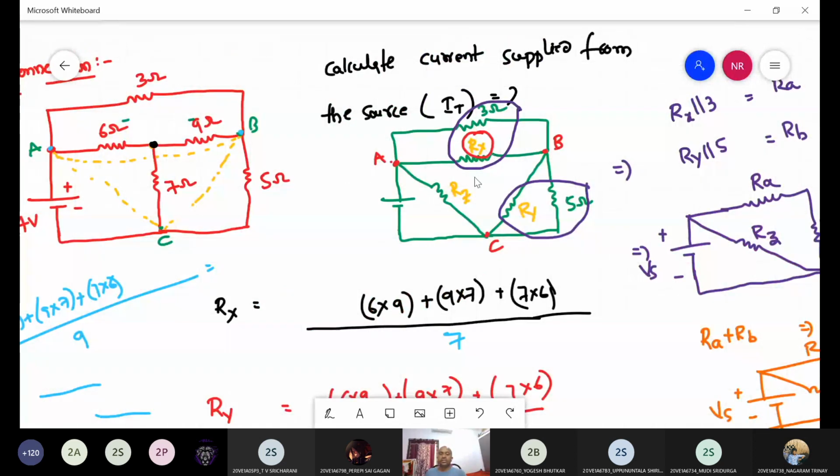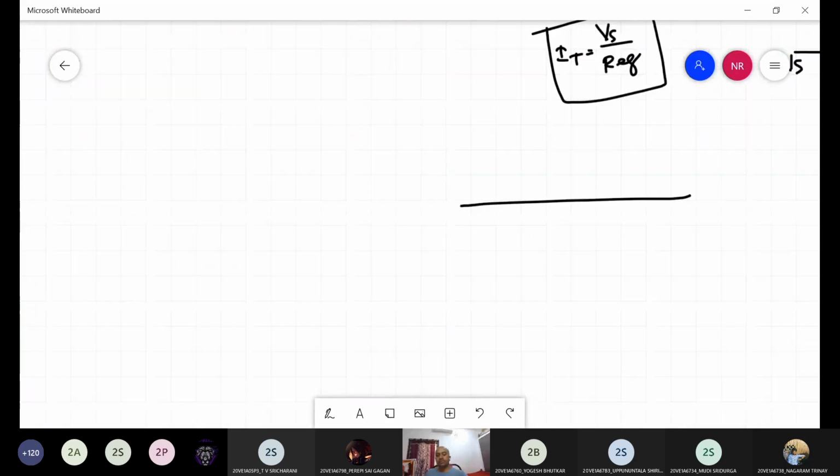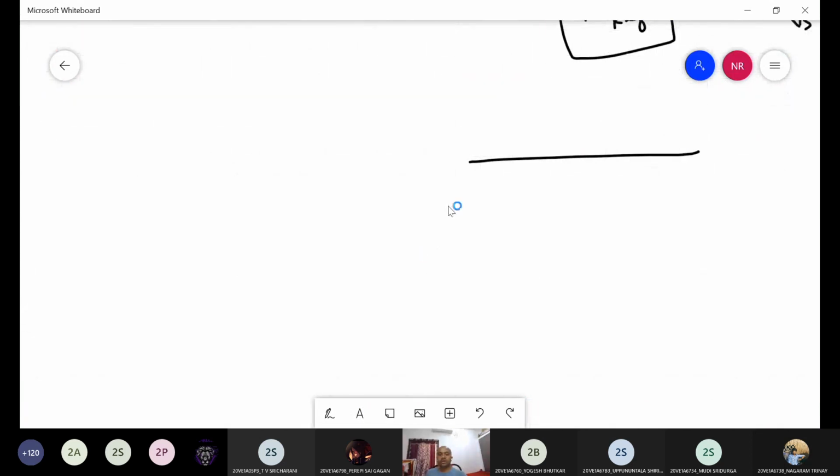So we know that Rx, Ry, Rz, we have to convert from delta to star. So while converting from delta to star, what we have to do? Here the denominator is the same.